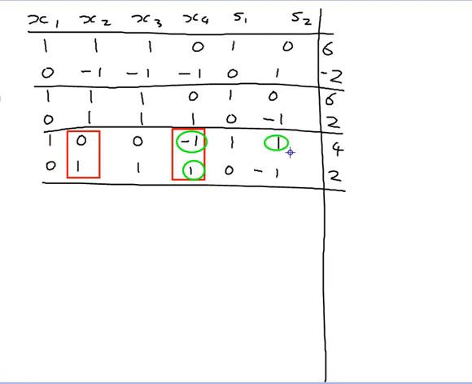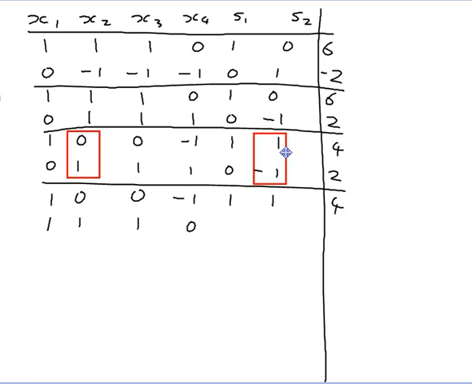It'd be much easier to get a 1 in this spot and a 0 here, so perhaps I'll focus on x1 and s2 first. That is these two. So if I do row 2 plus row 1, that'll do what I want. 1, 0, 0, minus 1, 1, 1, 4. 0 plus 1 is 1, 1 plus 0 is 1, 1 plus 0 is 1, 1 plus minus 1 is 0, 0 plus 1 is 1, minus 1 plus 1 is 0, 2 plus 4 is 6.